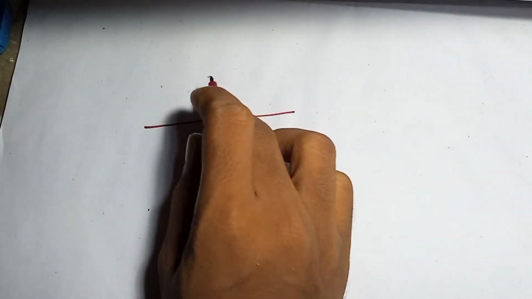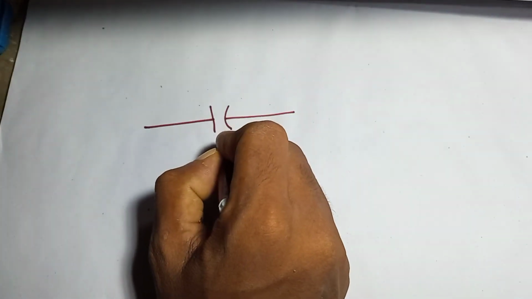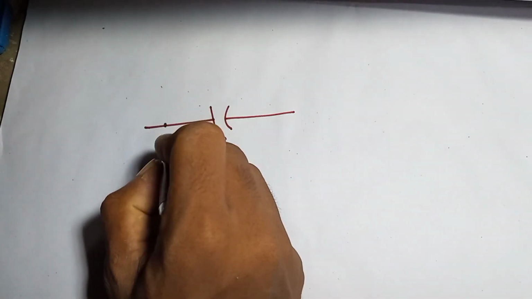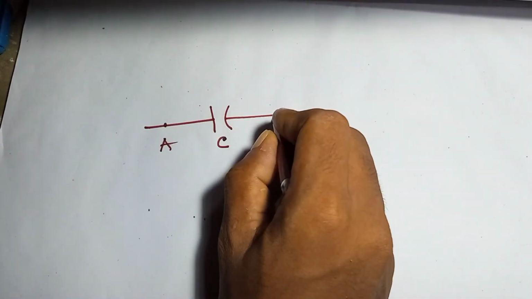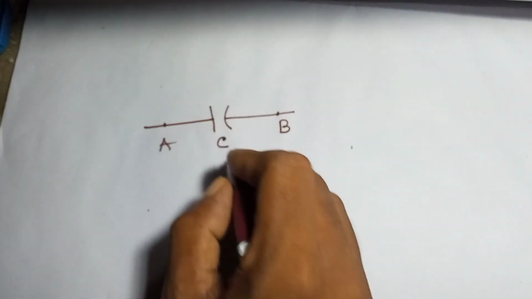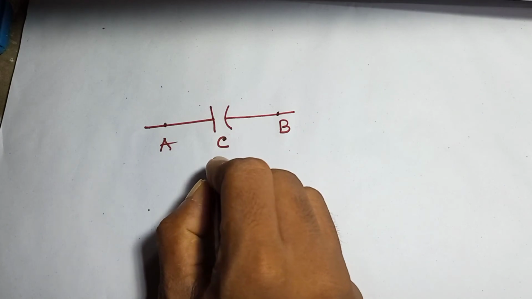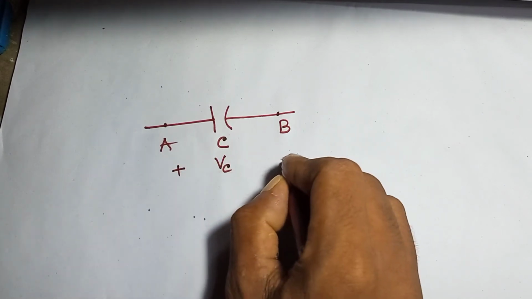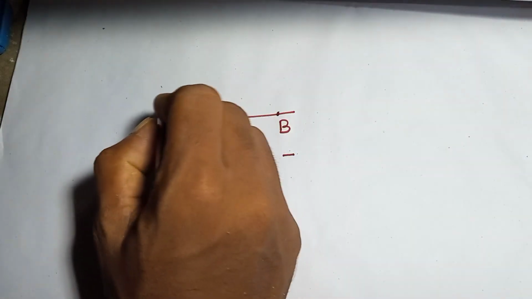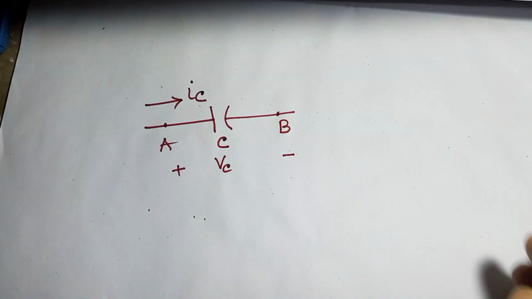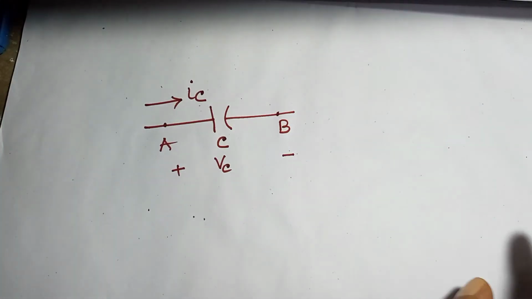The symbol of capacitor is like this and its capacitance value is, let's say, C. Again let's say this is the terminal A and this is the terminal B of the capacitor, and let's say the voltage across this capacitor is given by Vc, and this is the plus and this is the minus side, and let's say current of IC is flowing through this capacitor. Now what will be the relationship between this current and voltage?